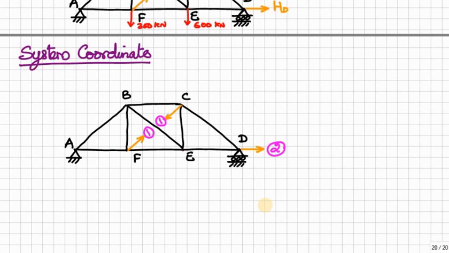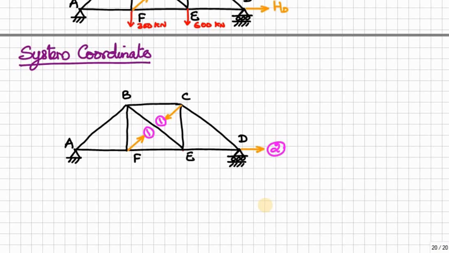So here we assign the FC direction as system coordinate 1 and the horizontal HD direction as system coordinate 2. In the matrix, the first row, 1, stands for the member force FC, and the second, system coordinate 2, represents the horizontal direction.